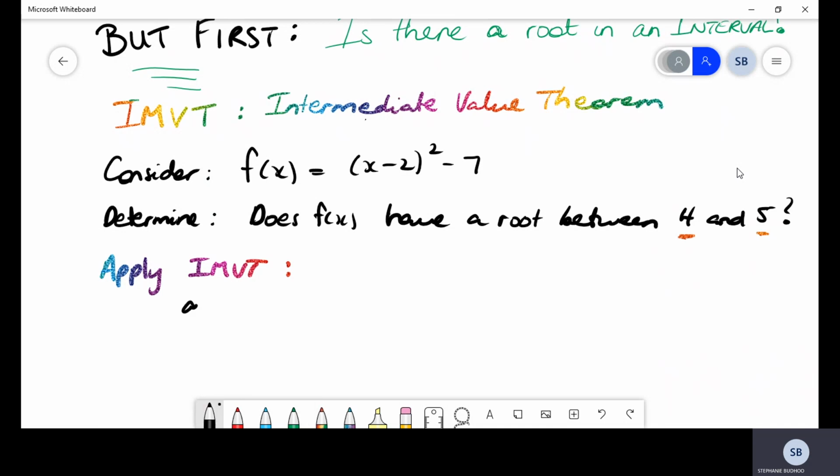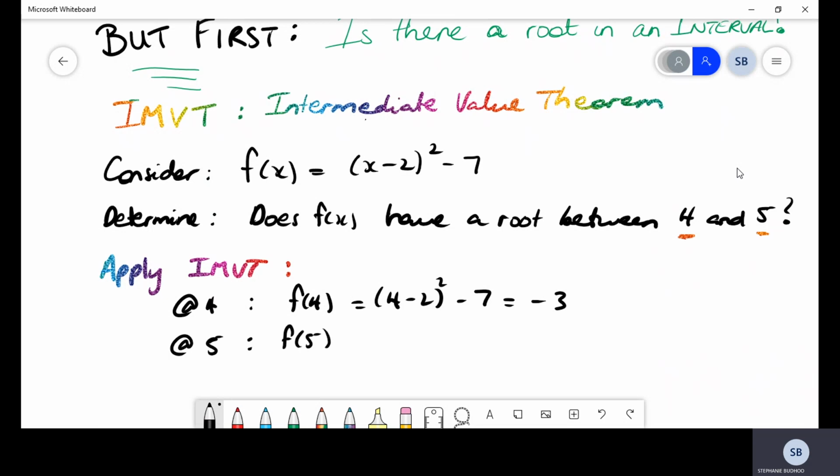So at 4, our function would simply take the value of -3. Similarly, at the interval end 5, that's 2.